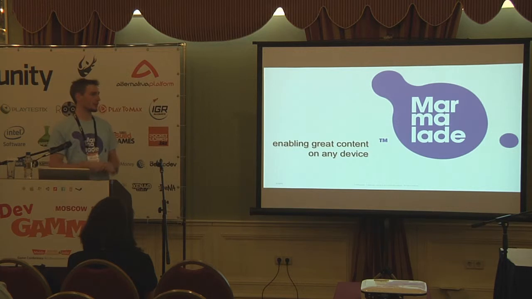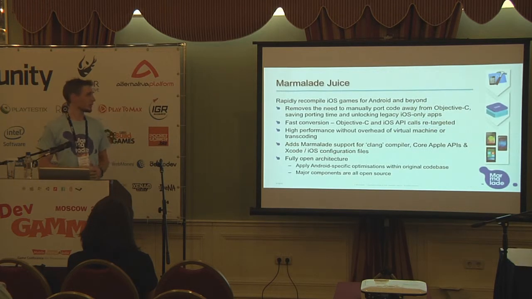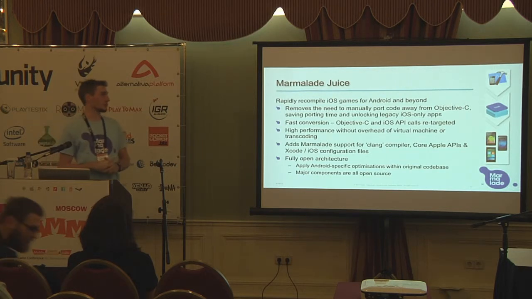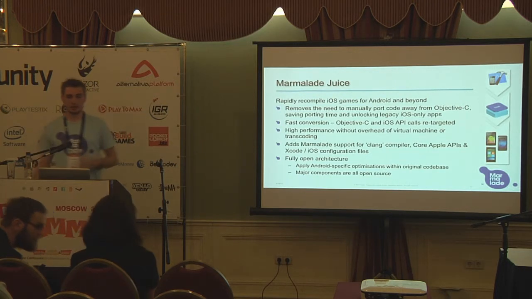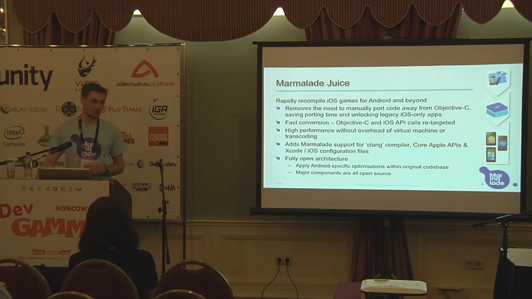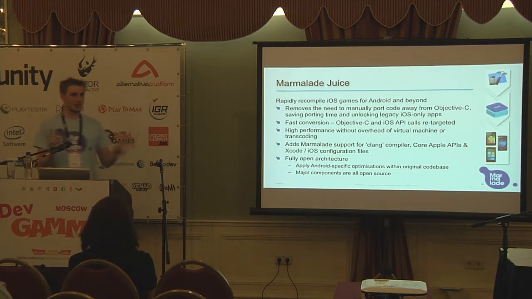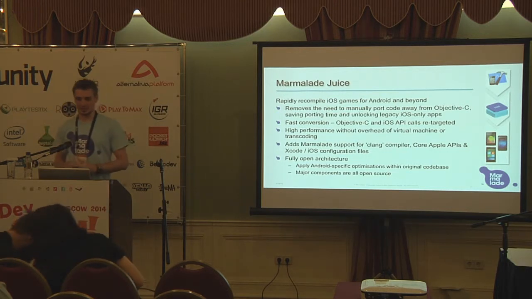They're partially happy, partially unhappy, as always happens with businesses. Our latest product, the one we brought to this conference, is Marmalade Juice. Actually, the name doesn't tell you a lot, but what it means does.